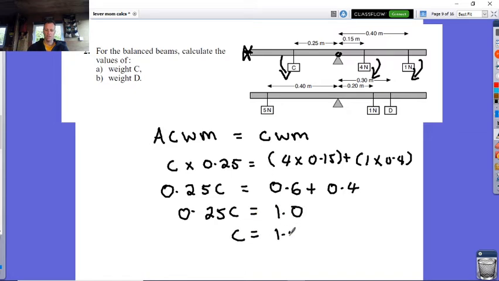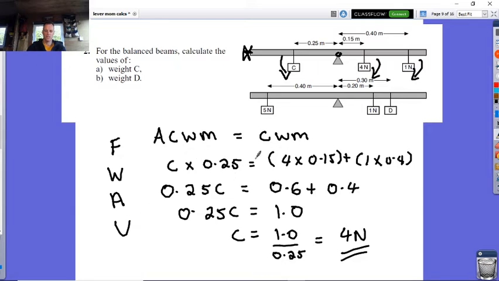Therefore, C is 1 divided by 0.25, which is equal to 4 newtons. That's the way I like to lay it out. You always write down anti-clockwise moments equals clockwise moments, then show all your working. And we've always said: formula, working, answer, units. There's your formula, here's your working, there's your answer, and there's your units just there.